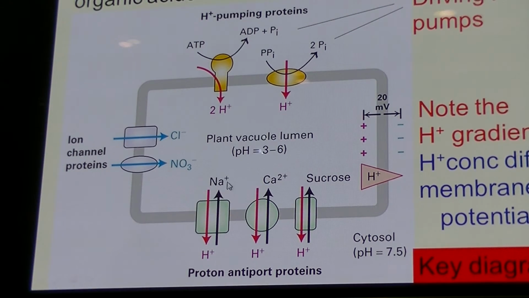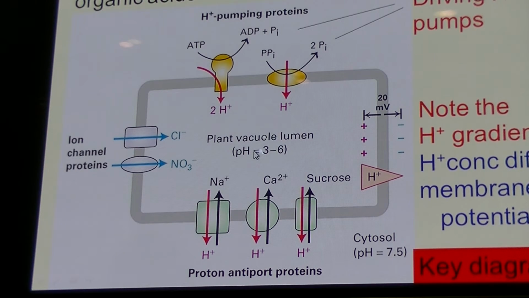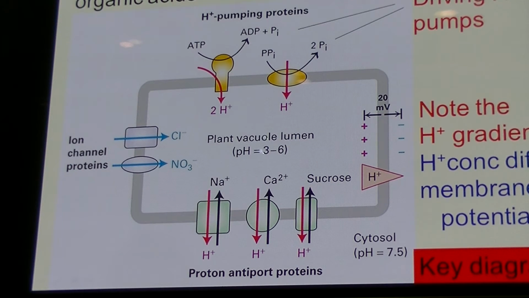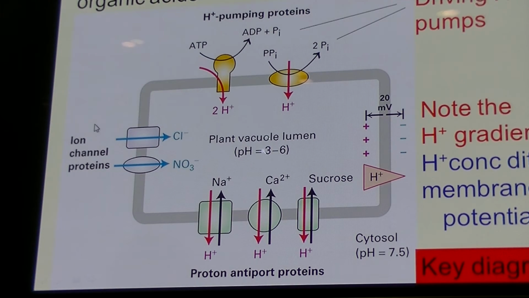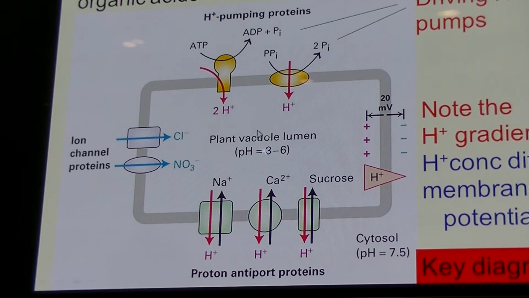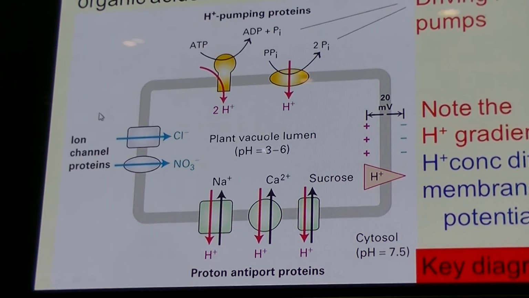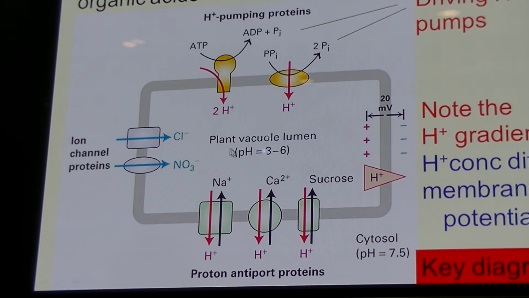So is sodium movement in the lumen of the vacuole favored by the membrane potential? No, it's not. Now we have some other transport systems here. These ion channels. So if we want to accumulate chlorine to a higher concentration inside the lumen, that's not favored by the concentration of chlorine, right?